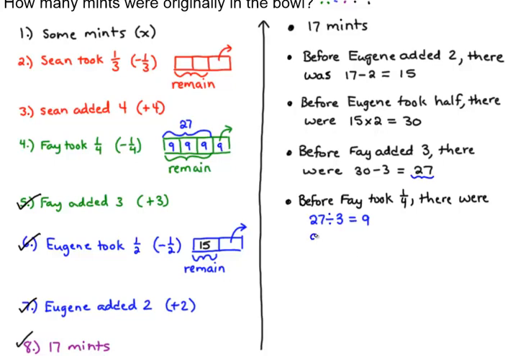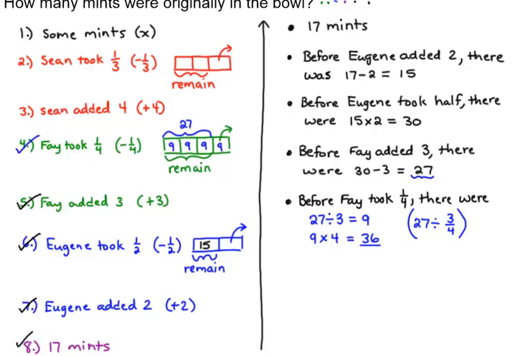And so I take 9 times 4, which is 36. So before Faye took 1/4, there were 36. In other words, basically what you're doing is you're taking 27 divided by 3/4. Alright, so now we're done with Faye.